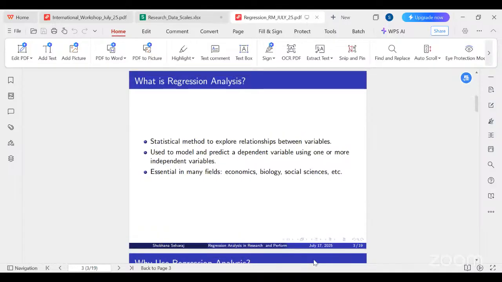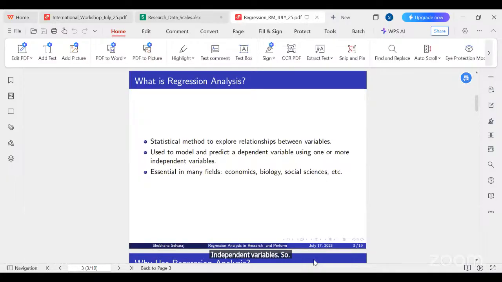So, what exactly is regression analysis? Regression analysis is a statistical method used to examine the relationship between a dependent variable and one or more independent variables.